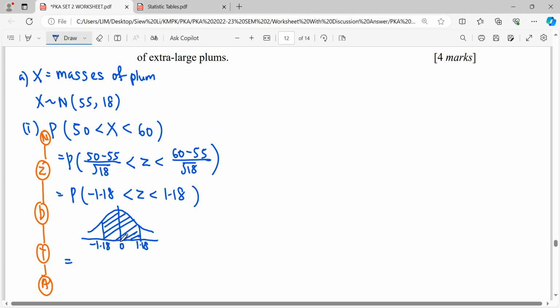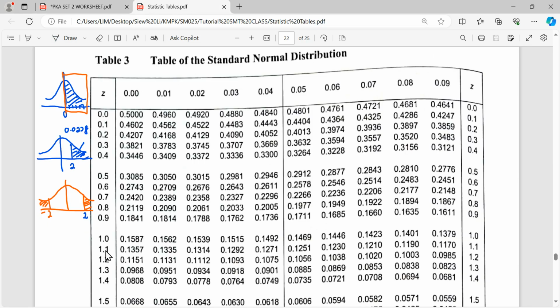So to get the middle region, we take 1 minus the two tails. The left tail is z more than positive 1.18, and the right tail is also z more than 1.18, so 2 same tails. Reading out the table for 1.18 gives 0.1190.